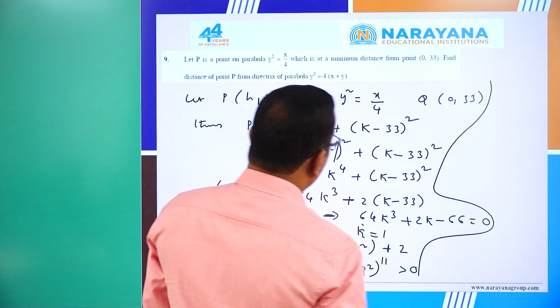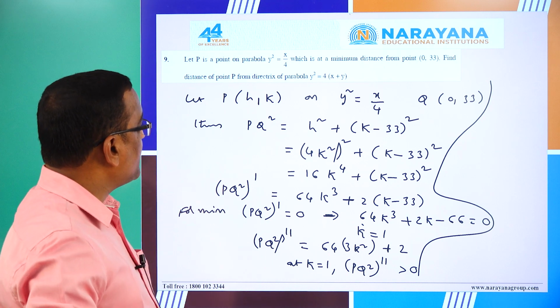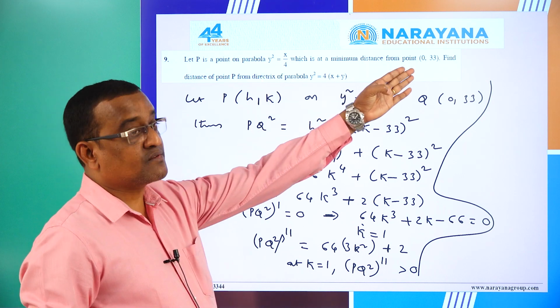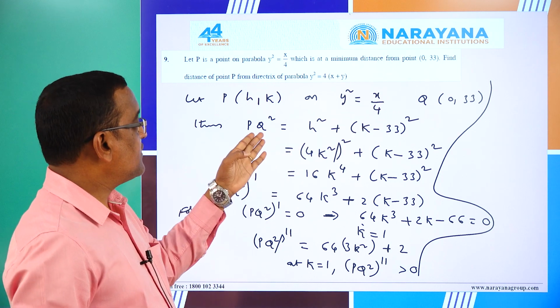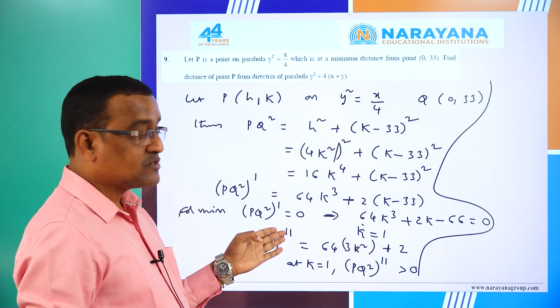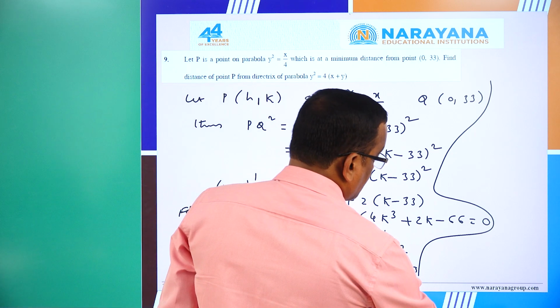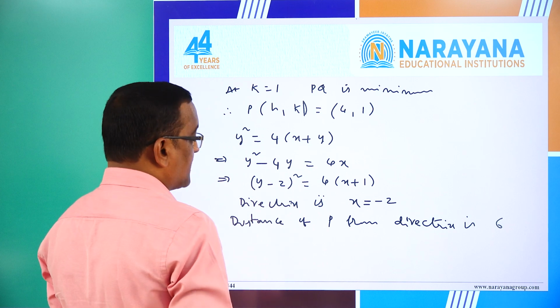So here, first you have to find P, the point on this parabola at minimum distance from 0 comma 33. So just find the PQ distance and minimize that so that you get the P coordinates, and after that find the distance of that point from the directrix of the parabola.